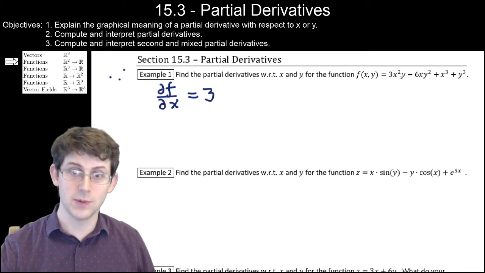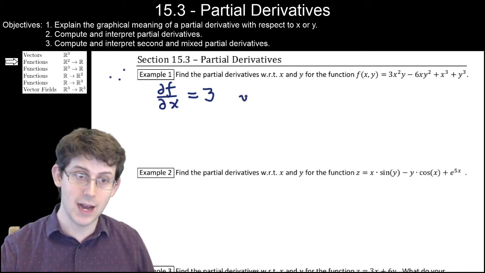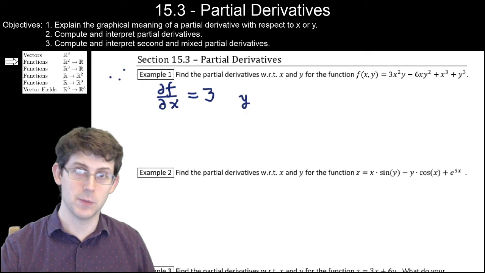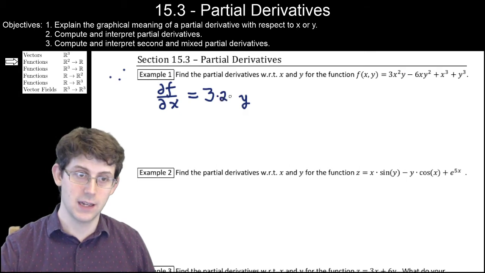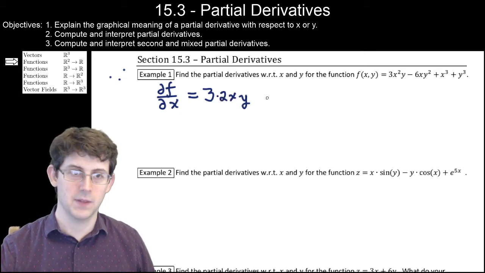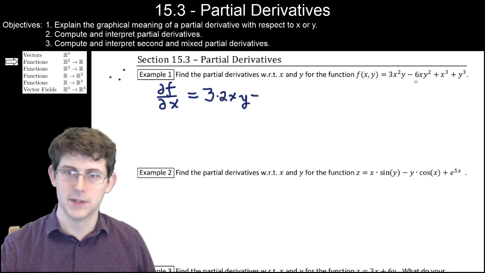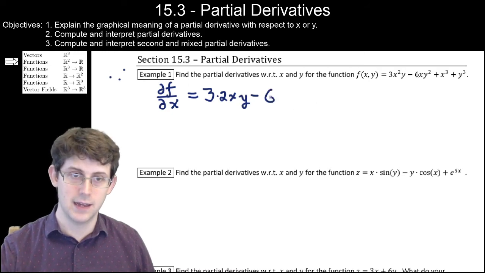But the strange thing is we also just keep the y because the y is a constant in this perspective, where x is the only thing that's varying. x squared, its derivative is 2x. Then we go to the next term. 6 is a constant. x is not a constant, its derivative is 1. y squared is a constant.